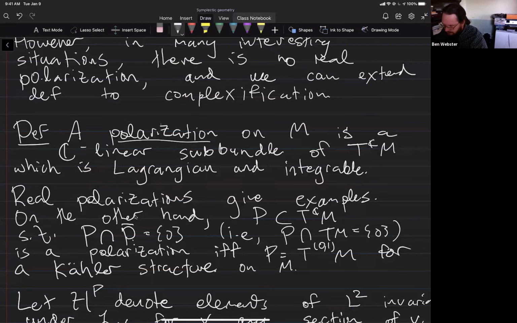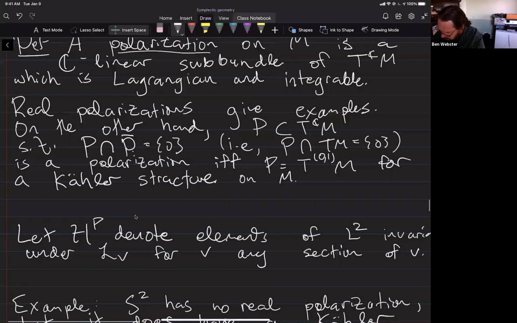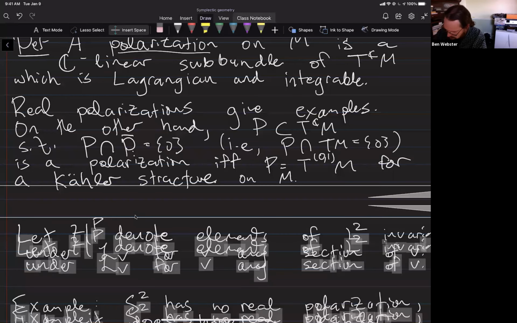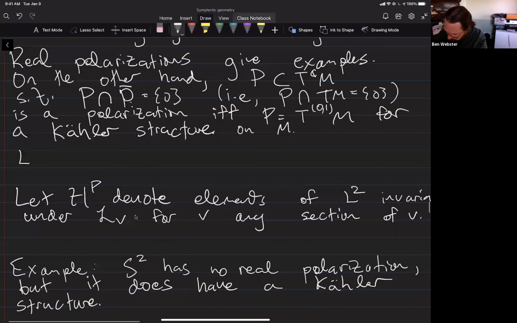Maybe I can actually write that in there. So, Lagrangian only if mu, omega, and j are compatible.